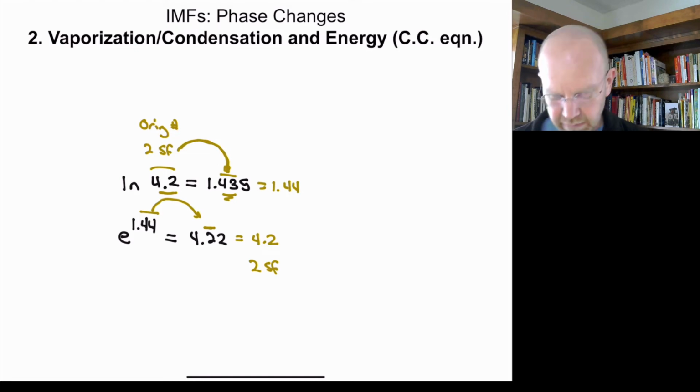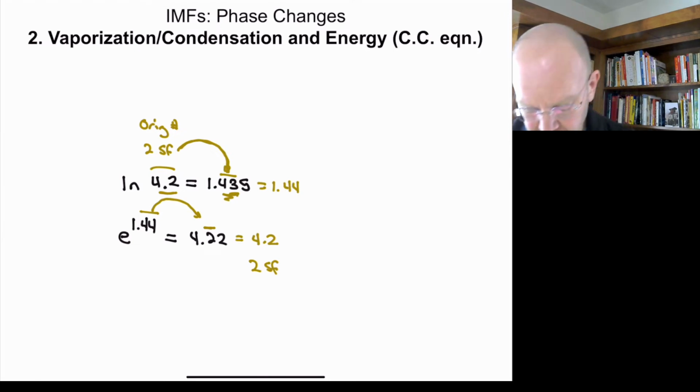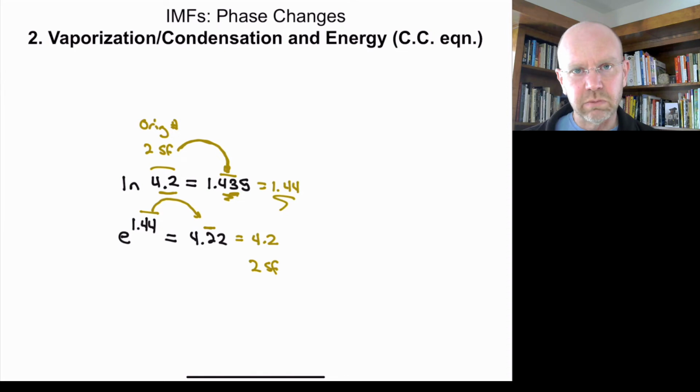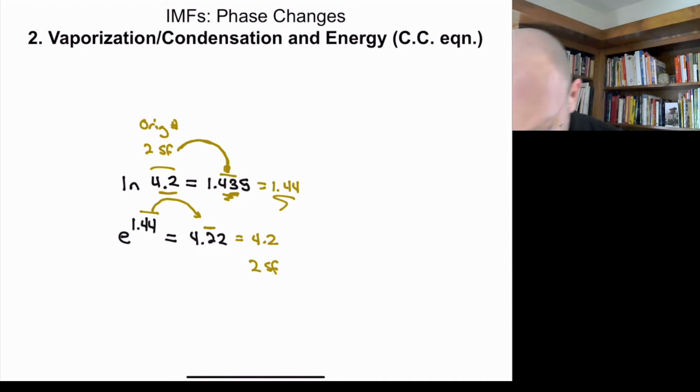So in the result, the 3 would be the last significant digit because it's 2 sig figs after the decimal. If this were the final answer, the natural log of 4.2 with sig figs is 1.44. That 4, rounding up from 3 because a 5 follows it, is the last significant digit.